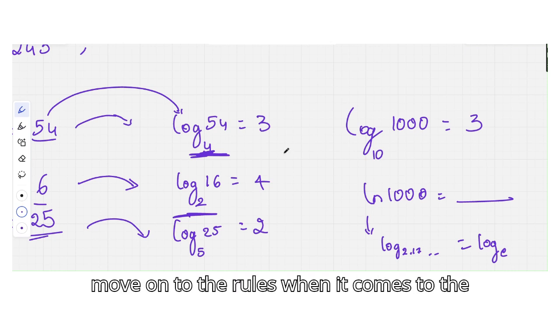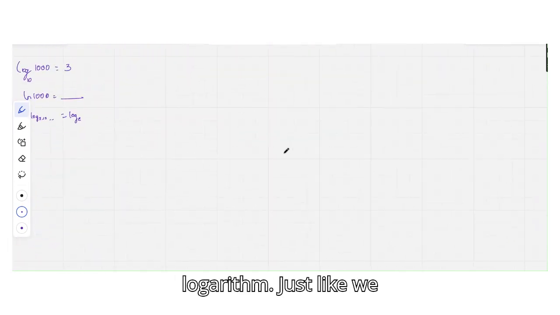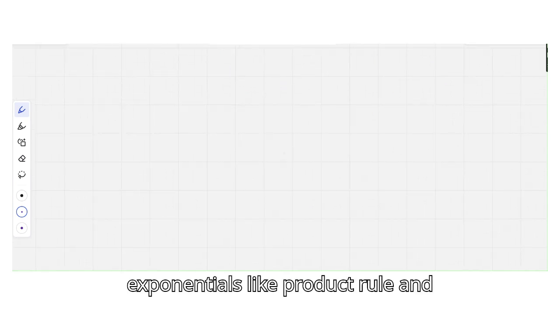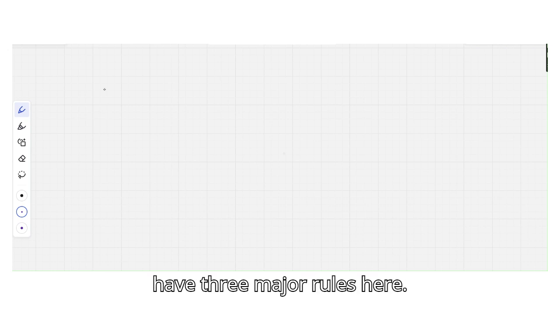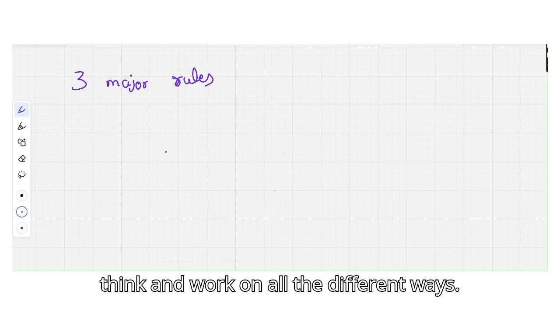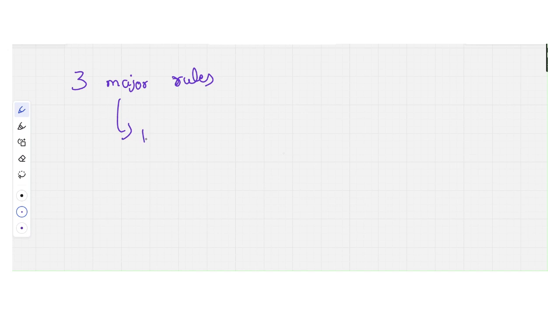let's move on to the rules when it comes to the logarithm. Just like we have rules for exponentials, like the product rule and quotient rule, exactly the same way we have three major rules here. For now, this is enough. We don't need to work on all the different ways. Let's understand three major rules. One is the product rule.